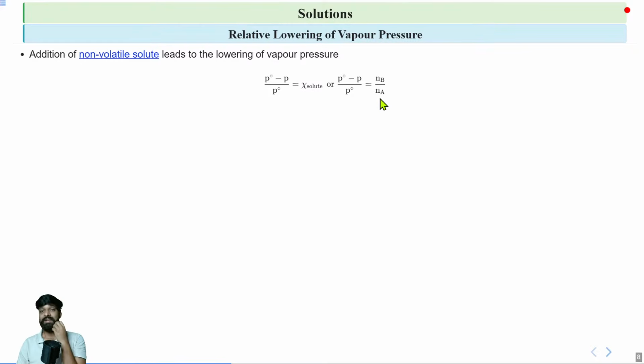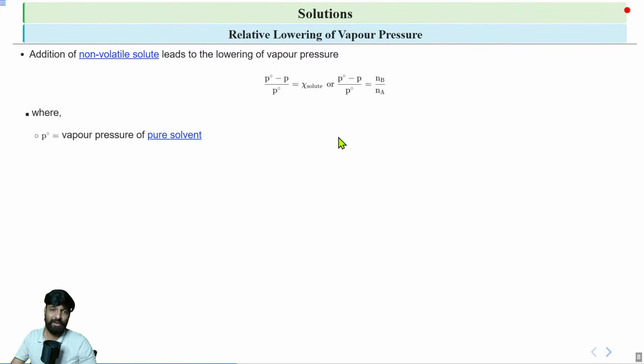The reason is that these colligative properties are applicable to dilute solutions where the concentration is not that high. In that case, your solute count is very, very small as compared to the solvent count, and hence we ignore the solute count. So NA plus NB is approximately equal to NA, which is your number of solvent particles.